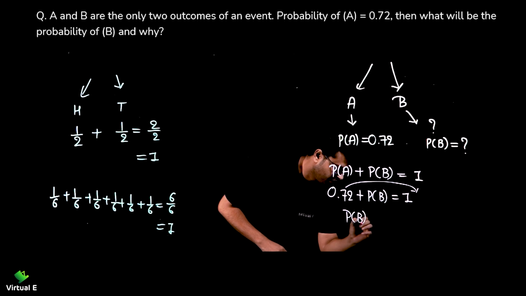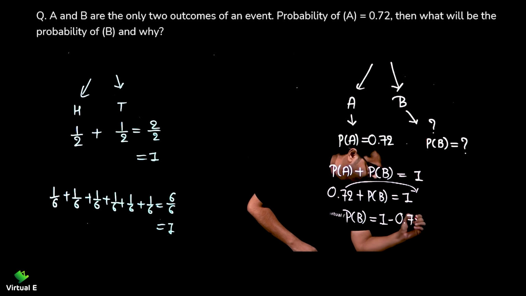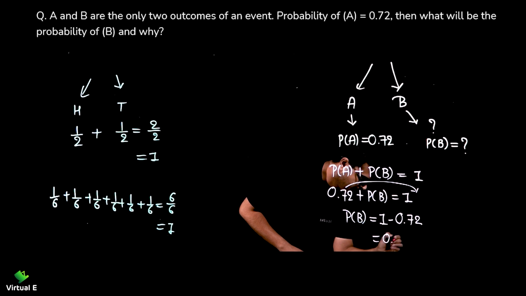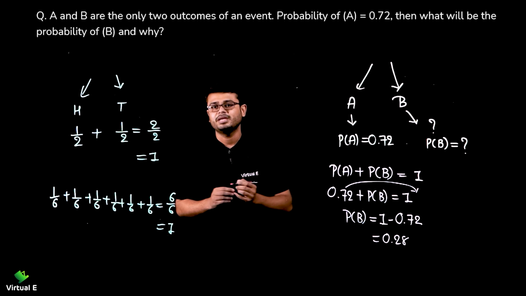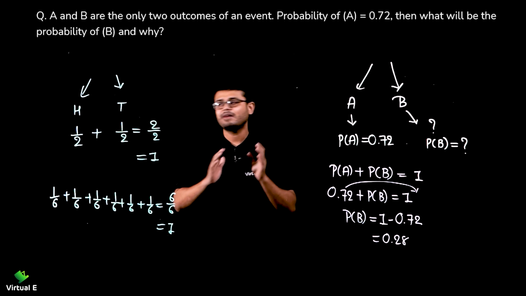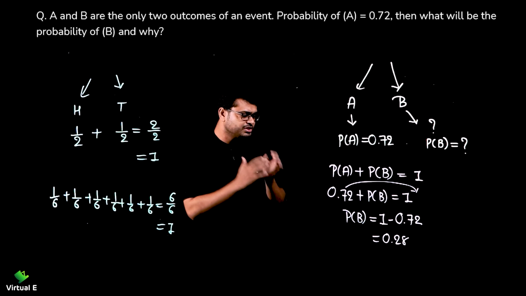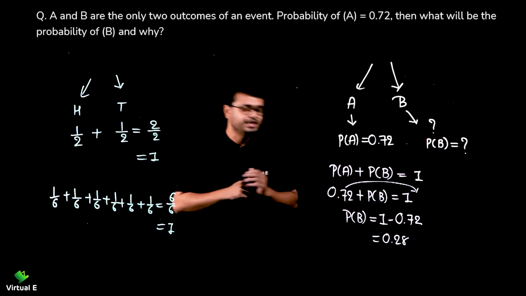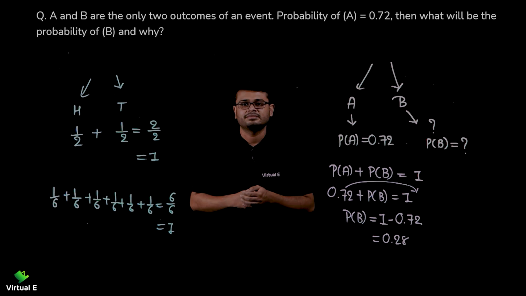So probability of B is equal to 1 minus 0.72, that is 0.28. That will be the probability of B. This is a very easy question, but you need to have knowledge of this property. Then only you can solve this question. So this is how we find the probability of B, that is 0.28. Let's move to the next question.